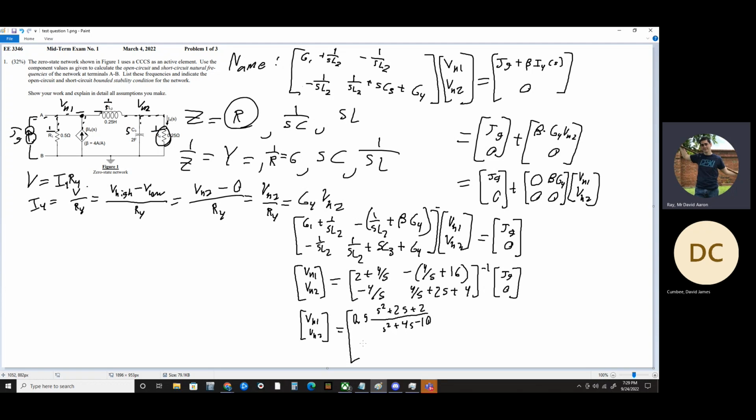And then for the bottom one, times JG. And then for Vn2, I have 1 over S squared plus 4S minus 10 times JG.